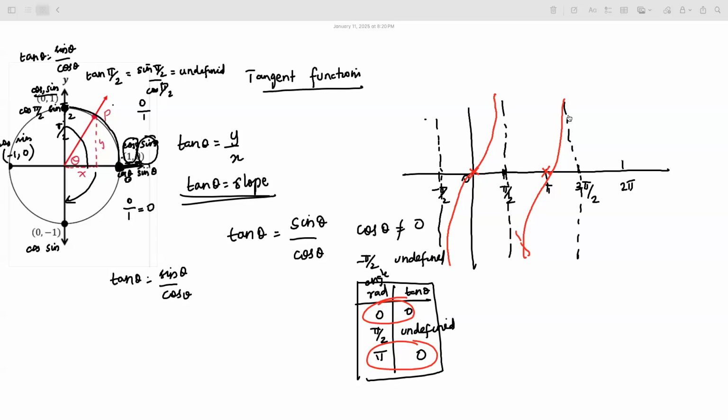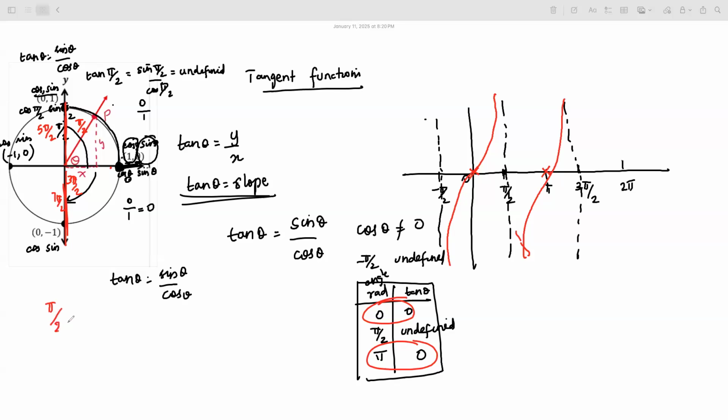We're doing it correctly. The thing is, when do we draw these asymptotes? When you look at it here, compare the unit circle. Pi by 2, this is 1 pi by 2, and then 3 pi by 2. And then this is 4 pi by 2, this is 5 pi by 2, this is 6 pi by 2, this is 7 pi by 2. So do you see here?